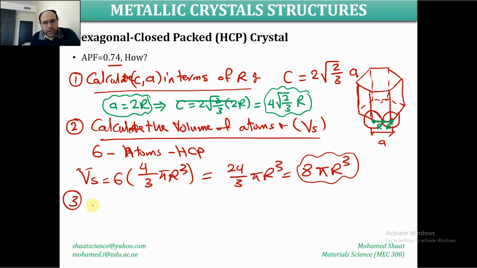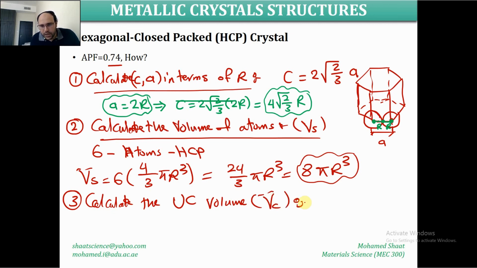Step 3. Then you're just going to calculate the unit cell volume. This volume is going to be Vc. Here it is a hexagonal shape. It is not a cubic shape like the other types.